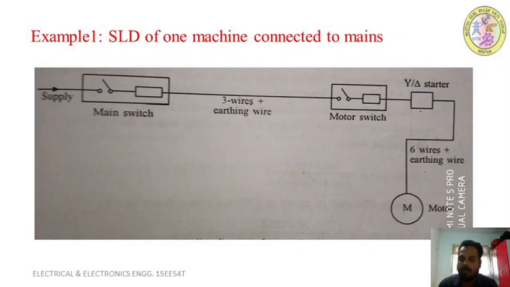Hence the size of the cable from your starter board to the motor is less than the cable required here. We use only 3 wires from the main switchboard to the starter board of the individual machine, and after the star delta starter we require 6 wires from the starter board to the motor terminals. This is how the single line diagram of one motor is drawn.